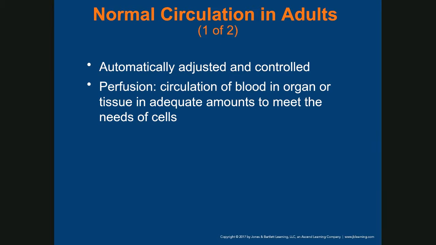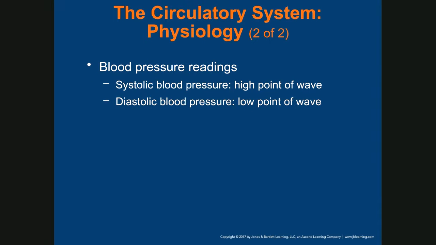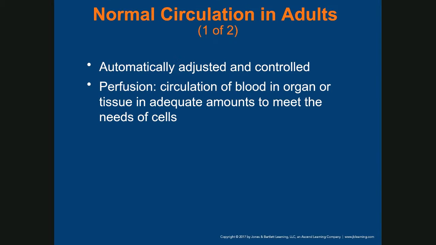All right, now normal circulation. Automatically adjusted and controlled. What does that mean? It means that, remember, in order for the blood to circulate to what we would consider to be core organs, right?